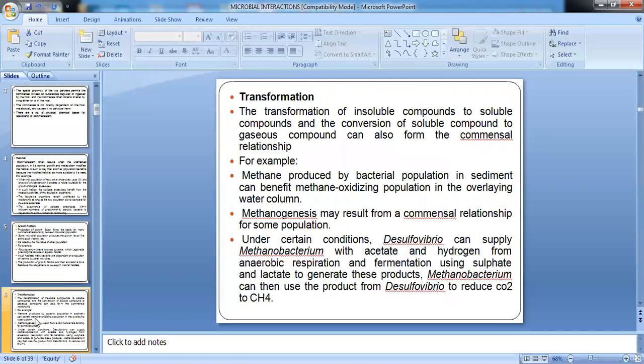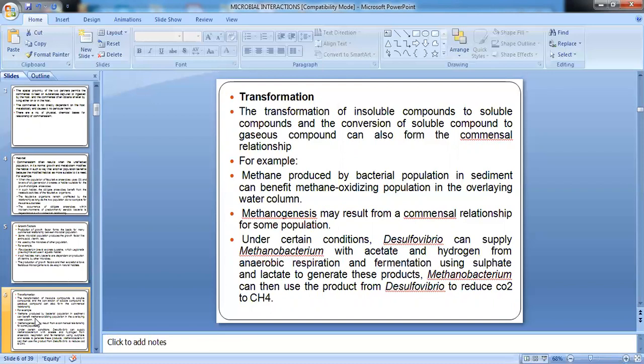Then we come to transformation. A third type of commensalism is transformation, where transformation of insoluble compounds to soluble compounds, or conversion of soluble compounds to gaseous compounds, forms the basis of commensalistic relationship. For example, methane is produced in anaerobic sediment.